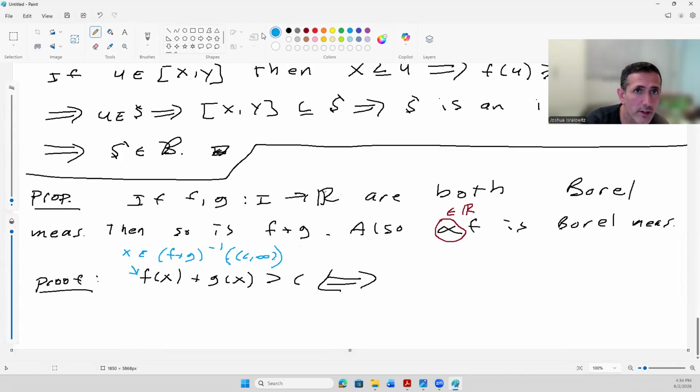It's very quick, I guess. I mean, filling in details, things are never quick. So yeah, same thing as for one of the measurable.